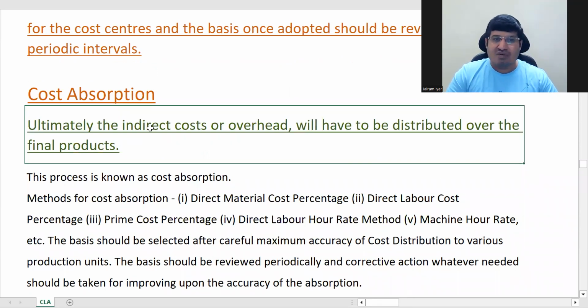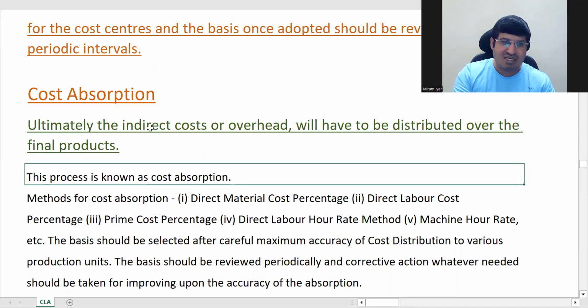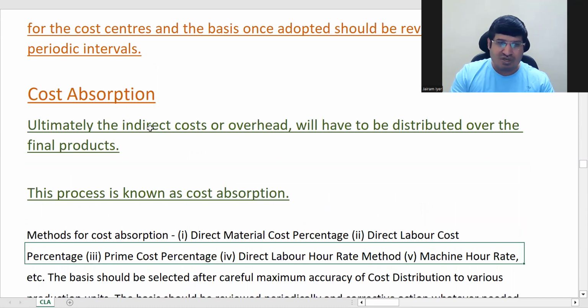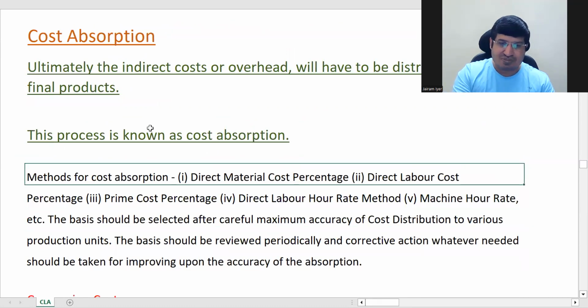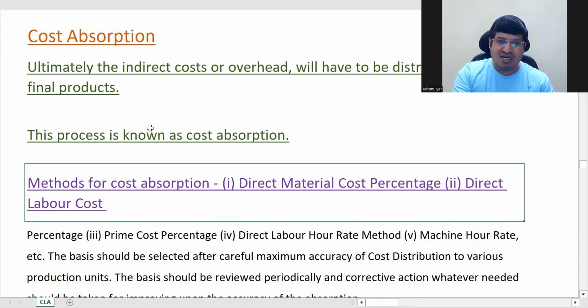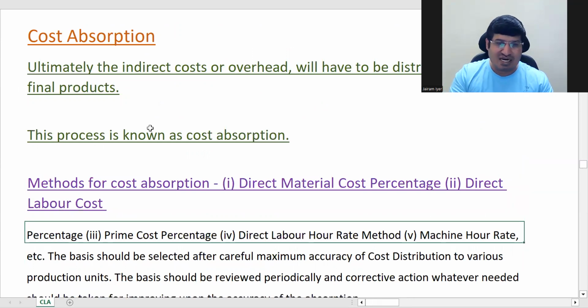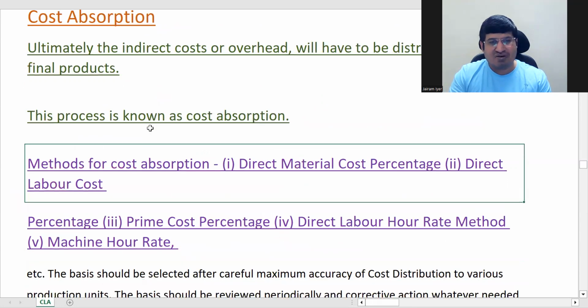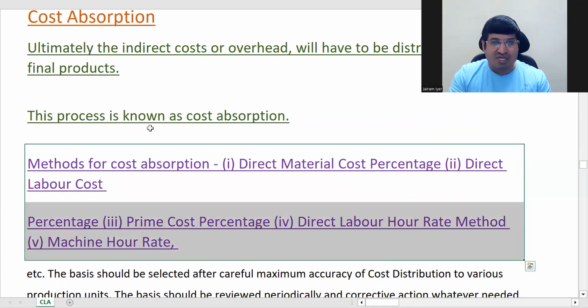So ultimately, indirect cost or overhead has to be distributed to the final products. This is called absorption. The basis for absorption are direct material cost percentage, direct labor cost percentage, prime cost, direct labor hour rate method, and machine hour rate method. These are what has been written here.